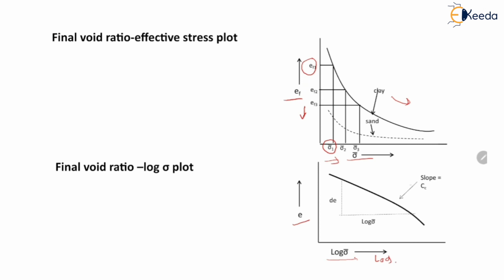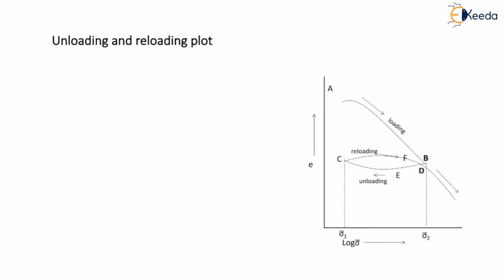The curve has concavity upwards. The slope of this curve decreases with increase in effective stress. Suppose a soil mass is subjected to the loading for the first time. In that case, increase in effective stress will result in decrease in void ratio.